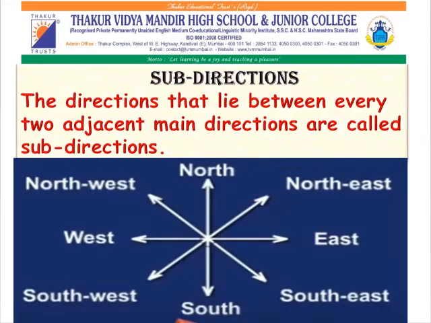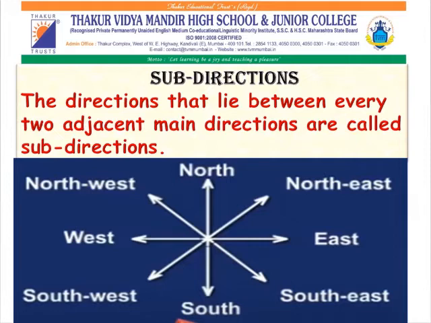Here we are having a picture of the same. Students, the direction that lies between every two adjacent main directions, that means the subdirection always lies between the two main directions. For example, in the picture you can see the direction between north and east is the northeast.